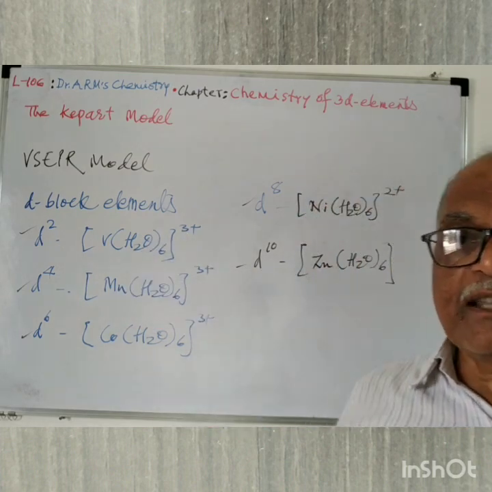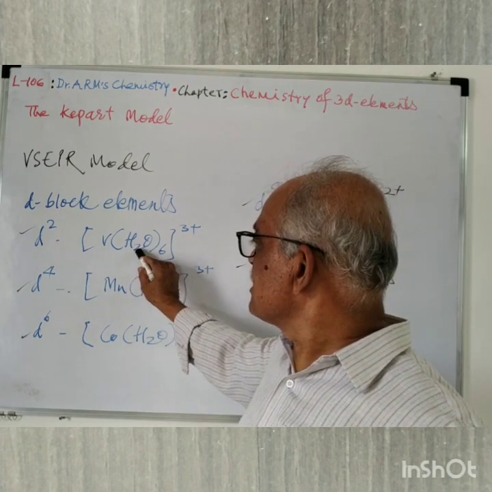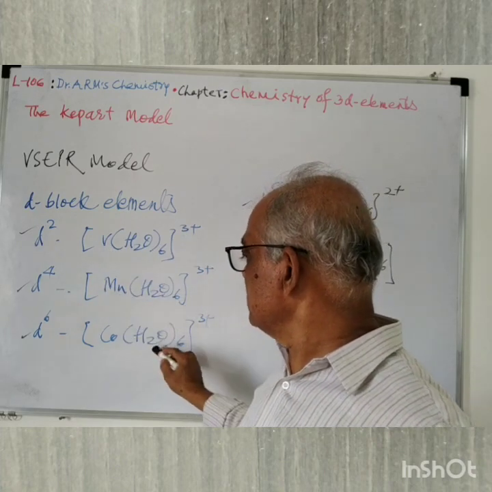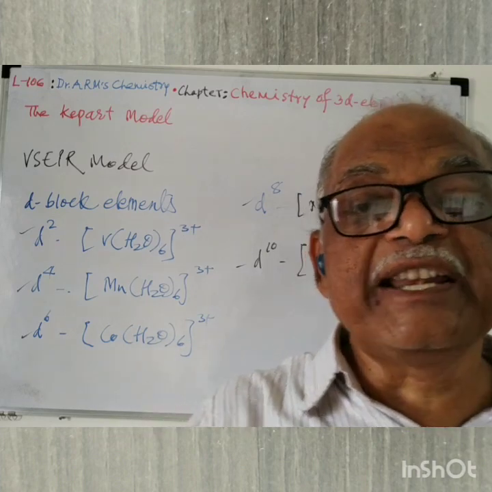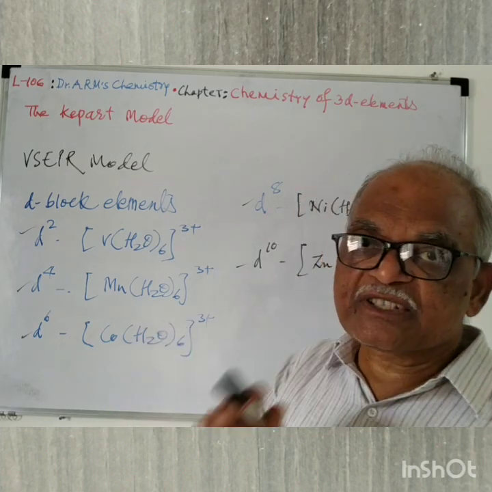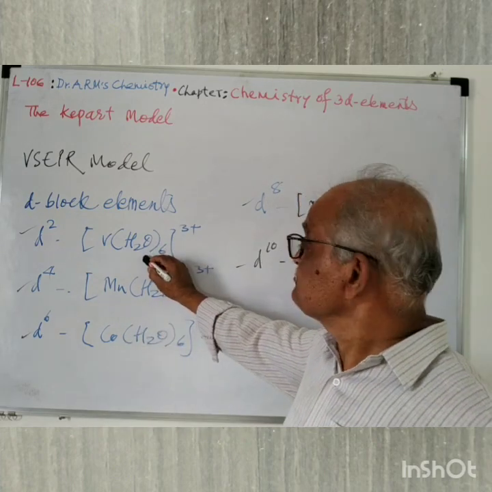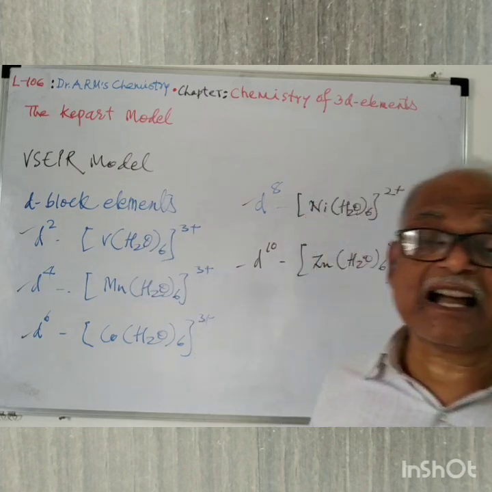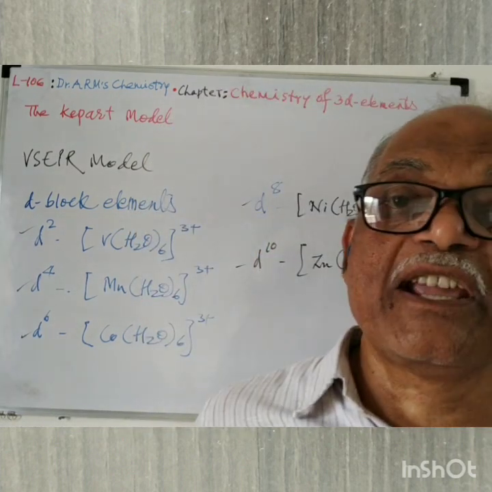According to the VSEPR model, we expect the arrangements of ligands around the central atom, whether Mn, cobalt, nickel or zinc, to vary with electronic configuration.